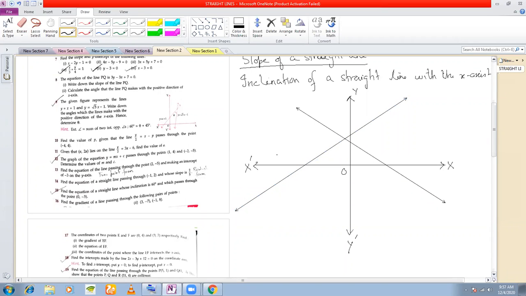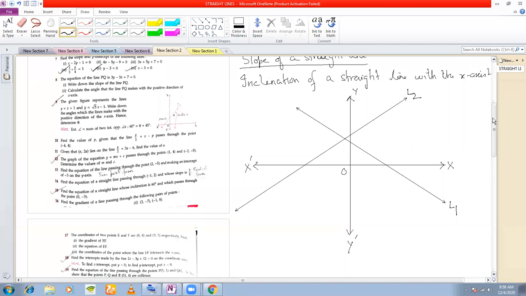Now, the inclination of a straight line with the x-axis is defined as the angle that the line makes with the positive direction of the x-axis. Remember, let us call this line L1 and let us call this line L2.